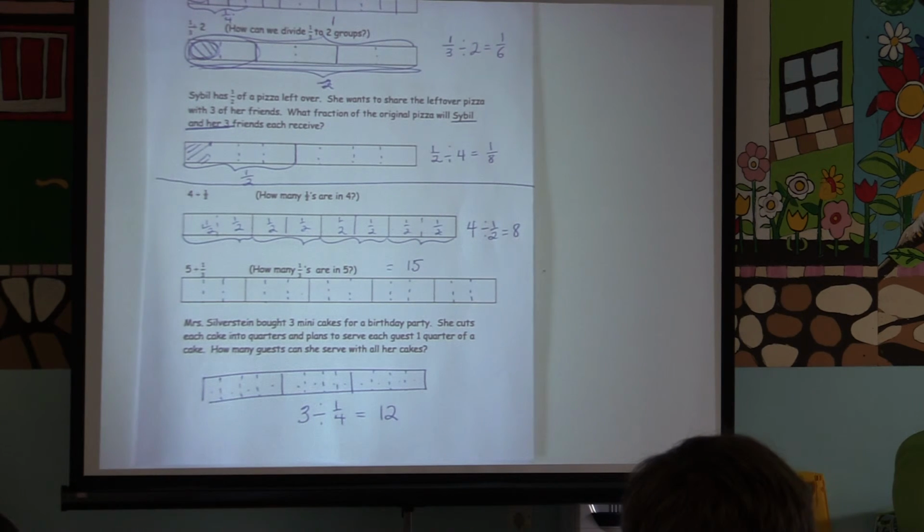Yes? I just want to share something. I don't know if there are any grade 6 parents in this room. I wish this session was done at the beginning of the year, because my son had a test in grade 6 in division of fractions, and I said to him what I knew from school, and I was a great mathematician at the time. Whenever you have a division of fractions, you always invert the second one and multiply.